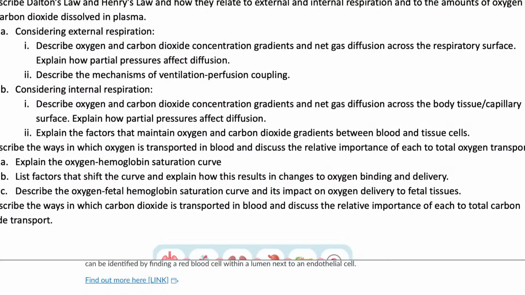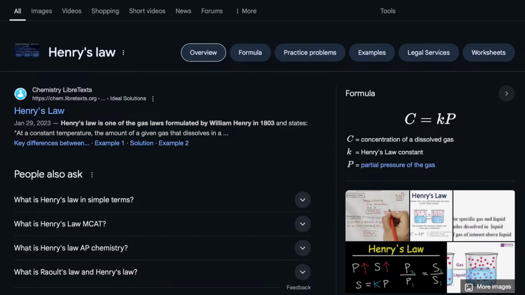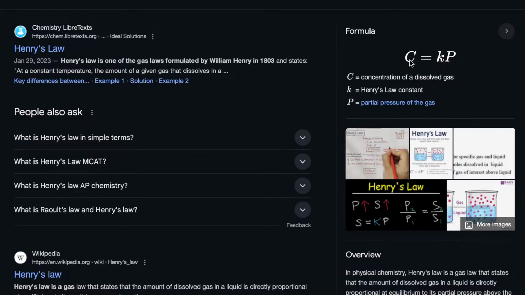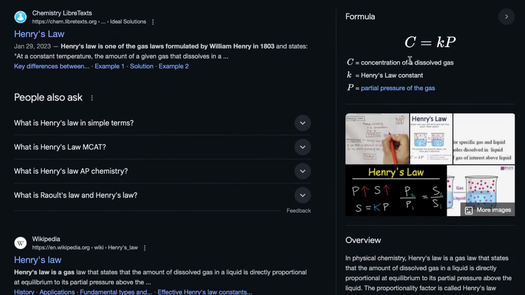Henry's law. Oh yeah. So Henry's law just describes how well gases can dissolve in liquid, and how it's directly proportional to its partial pressure.